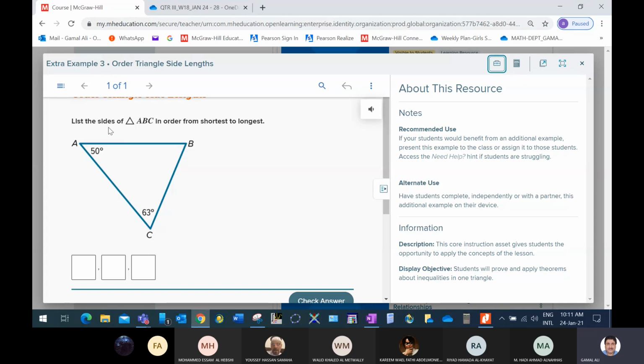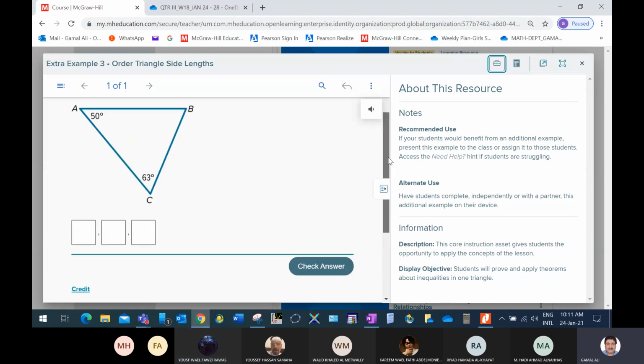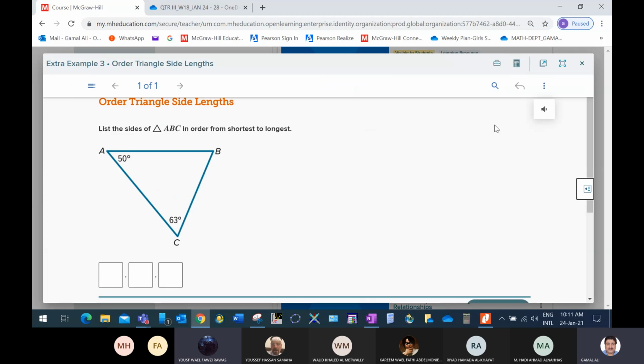We want to order the sides from shortest to longest. What is the measure of angle B at first, Yusuf?